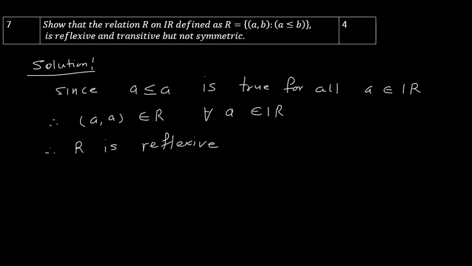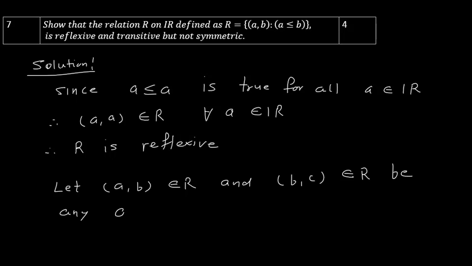Now, transitivity. For transitivity, we will say that let (a, b) belongs to relation and (b, c) belongs to relation be any arbitrary element.